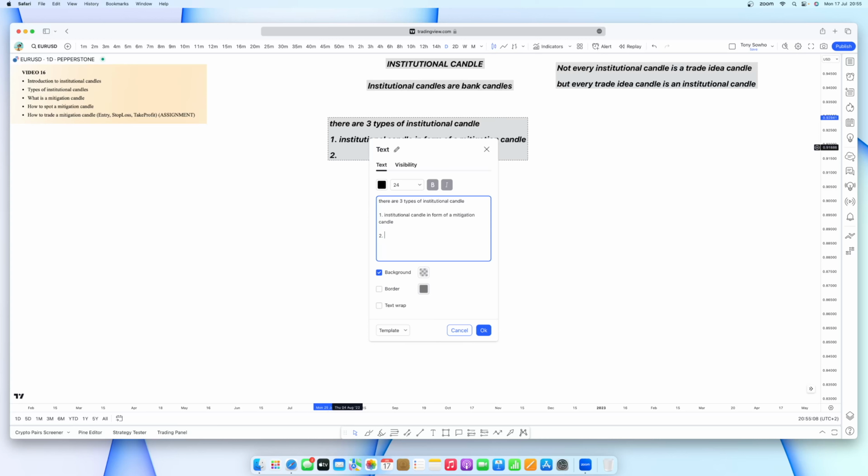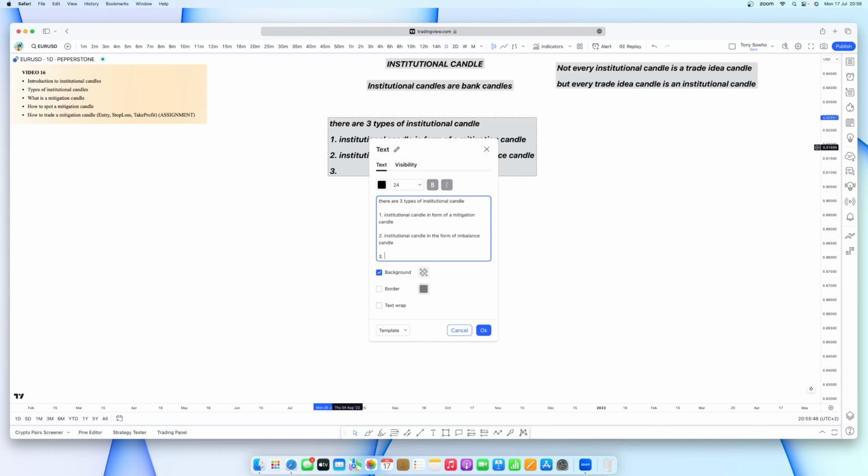Number two is the institutional candle in the form of an imbalance candle.